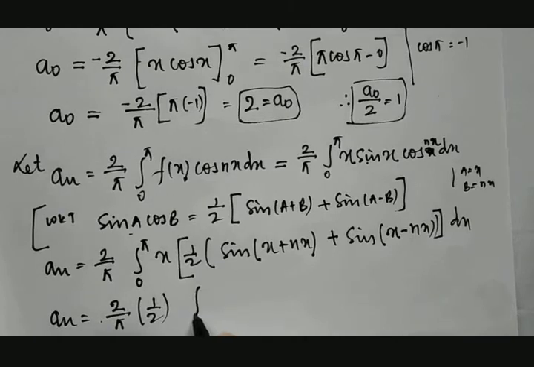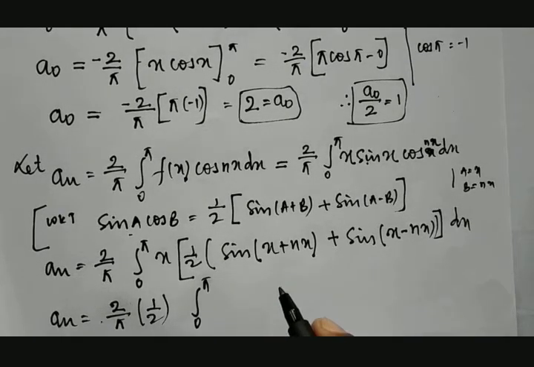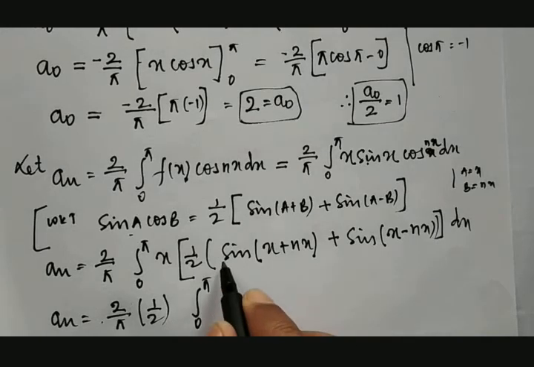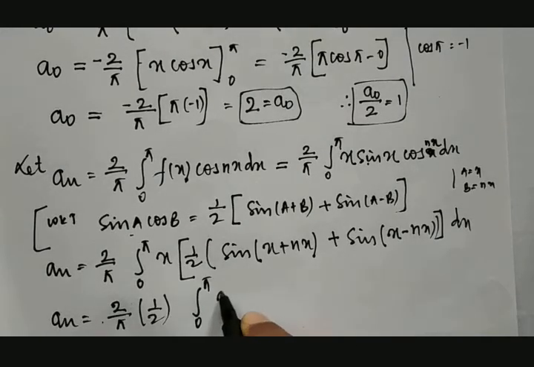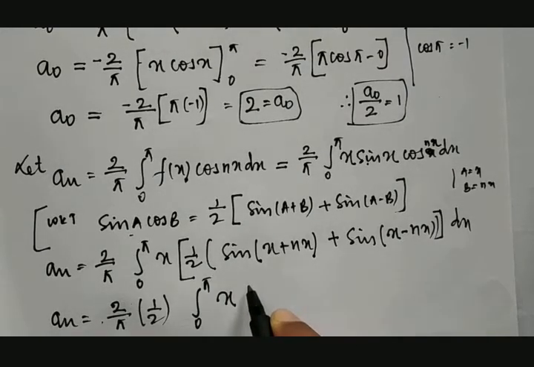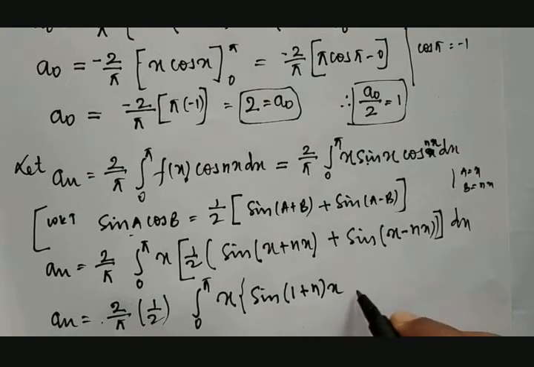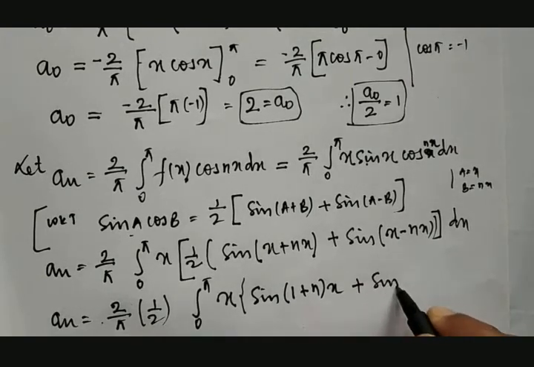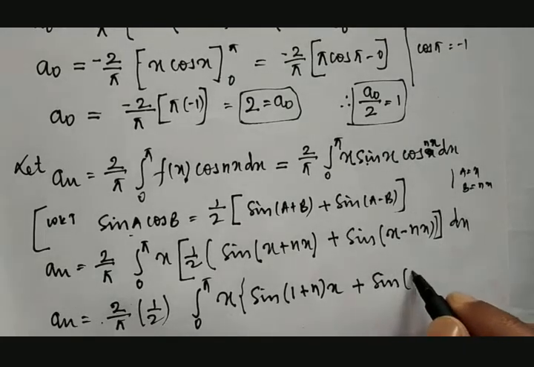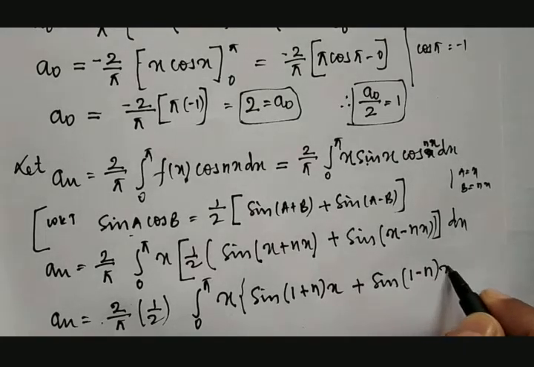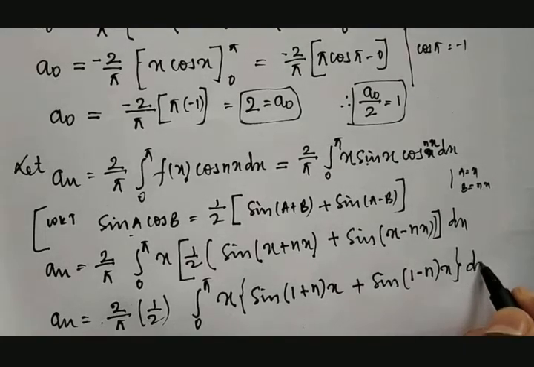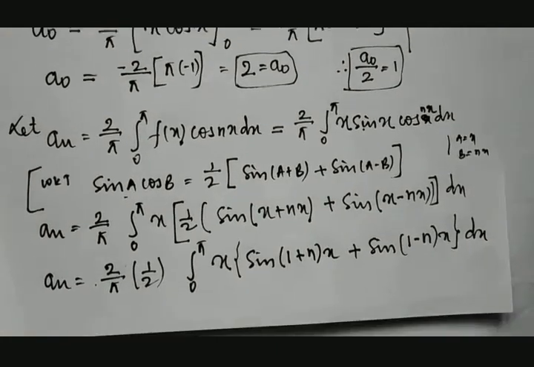Then inside the bracket it will be integration between 0 to pi, x into sin of x (x also I'll be taking out) 1 plus n of x plus sine of, again x will be taken out, then it is 1 minus n of x with respect to x.